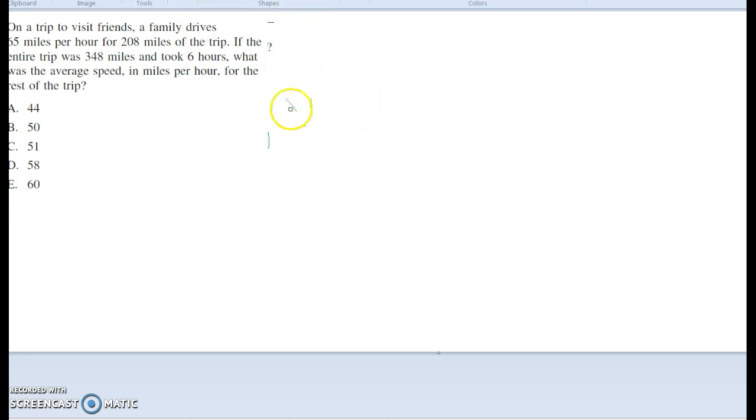All right, so the family is driving. They're on a road trip, and the family is driving 348 miles. That's how far the trip is. They've already driven 208 miles of the trip. That means that they have 140 miles left to go.